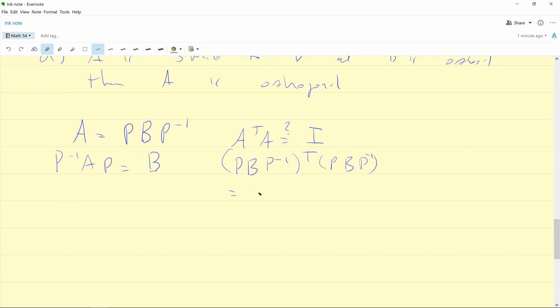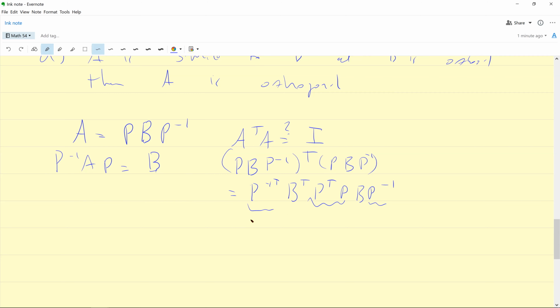So then this is going to be P inverse transpose B transpose P transpose P B P inverse, right? And then when is this equal to the identity? What we want is for this term to cancel and for these terms to cancel, right?